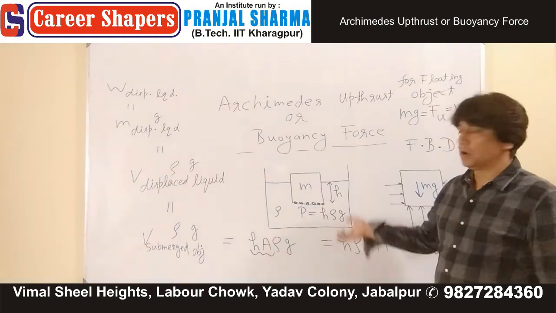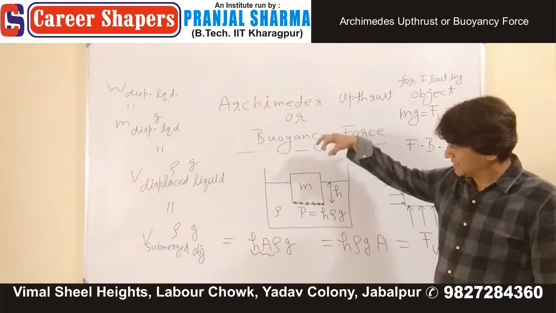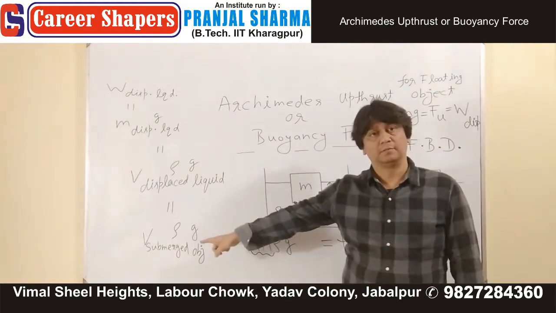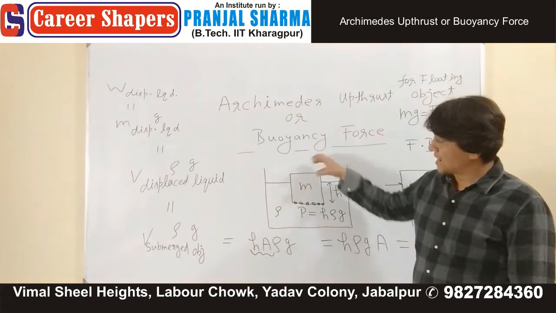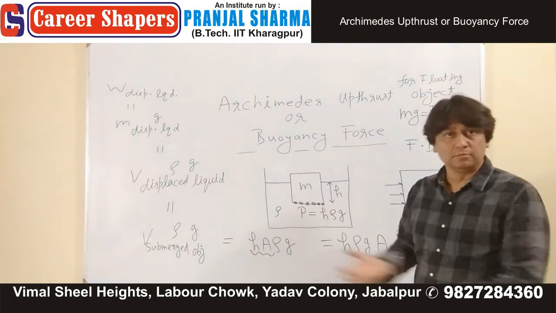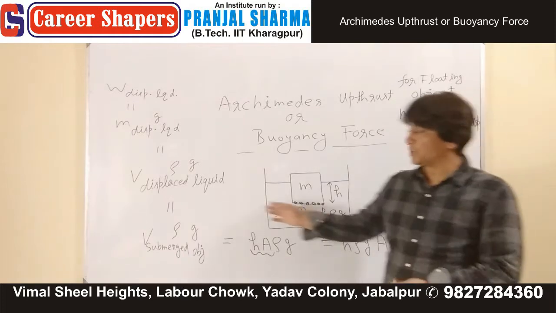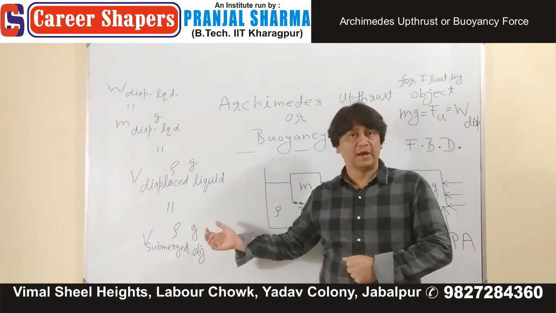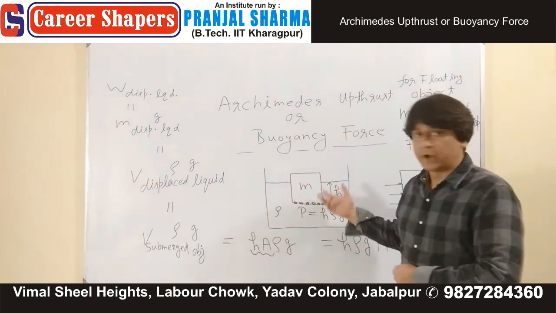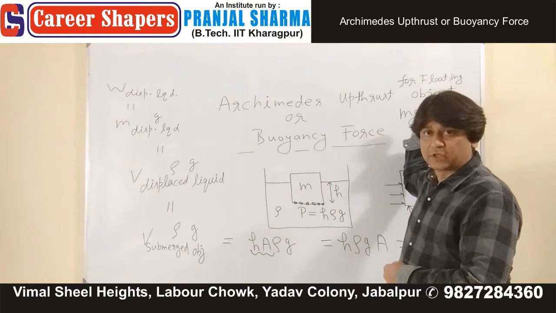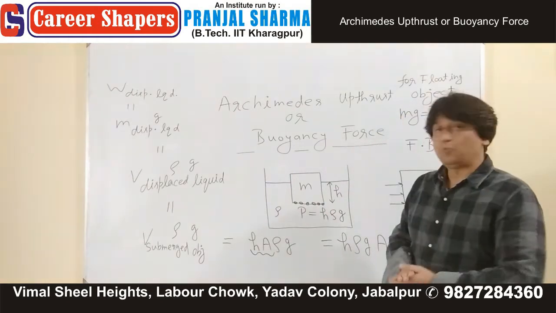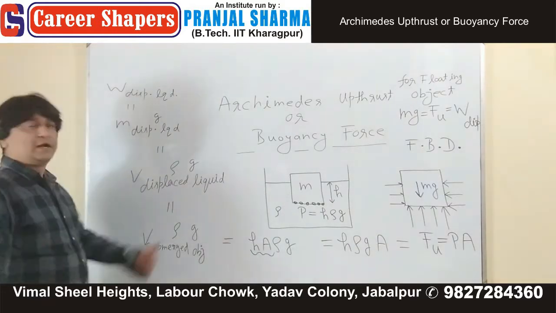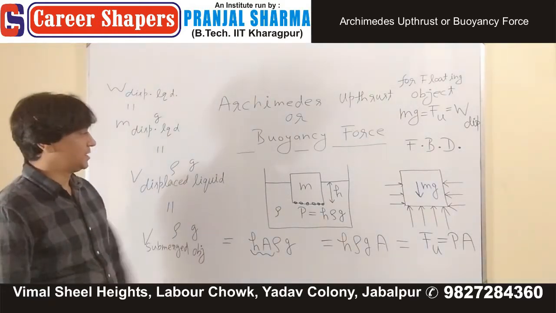Even if the object sinks down, you can use this formula. If it sinks down completely, the entire volume is inside the liquid, and you will be using that volume. So it has nothing to do with the floating part.